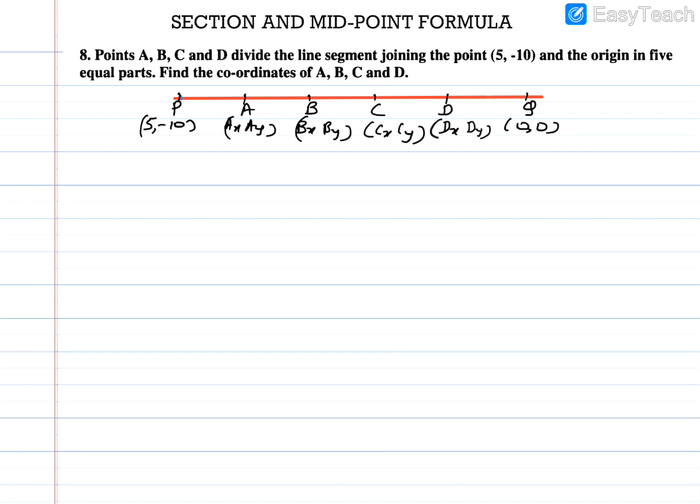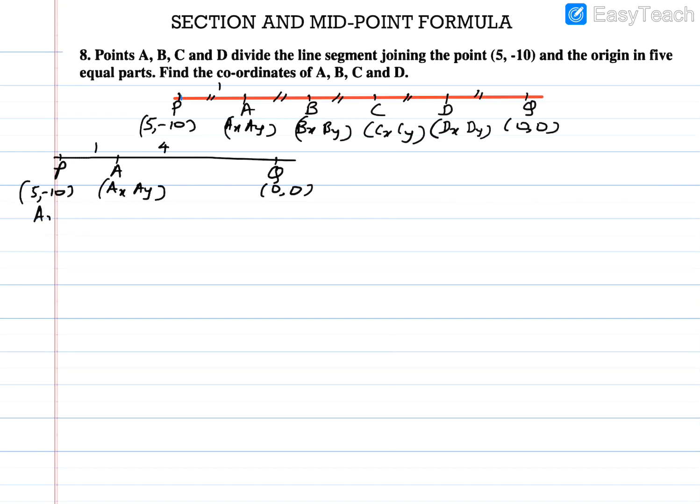Now consider first part. To obtain a, this is p, this is q and this is a. Now total there are 5 parts, so this will be 1 and this will be 4. This will be 1 and this is 1, 2, 3, 4 part. 1:4. So p is 5 and minus 10, q is 0, 0, a is ax and ay.